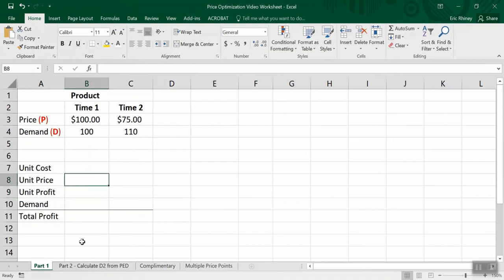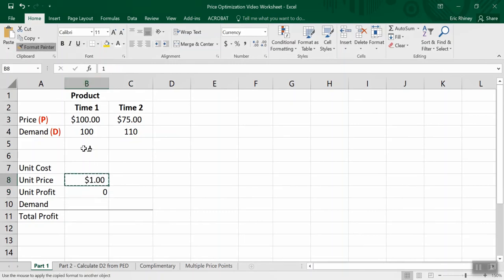Okay, so one of the things that we know is unit profit is price minus cost. So I'm just going to add that in right here. Equals price minus cost. All right, it's 0 right now. That's fine. Just to have a number in here, I'm going to start off with an arbitrary number of $1.